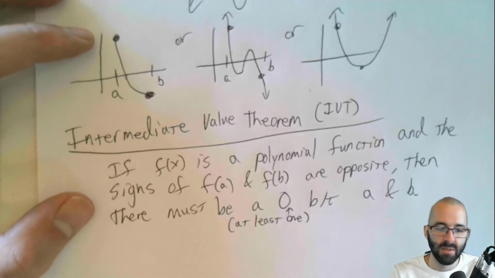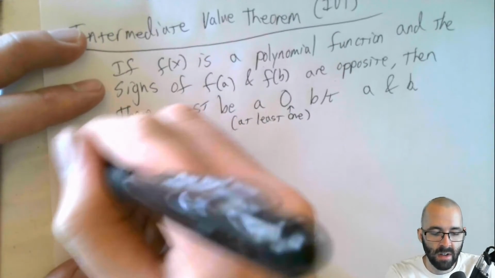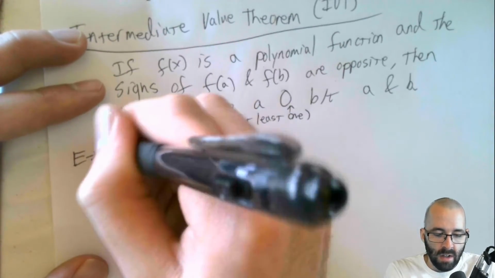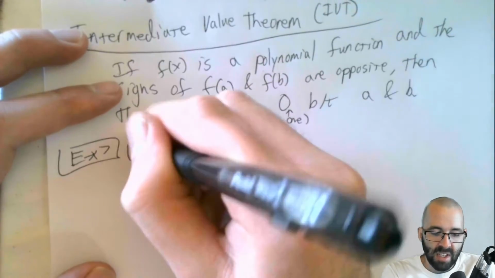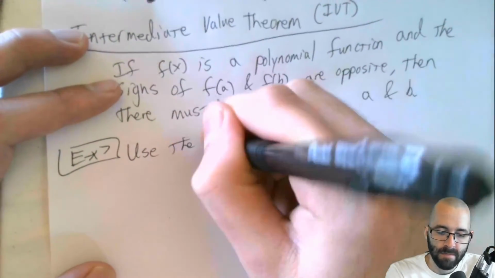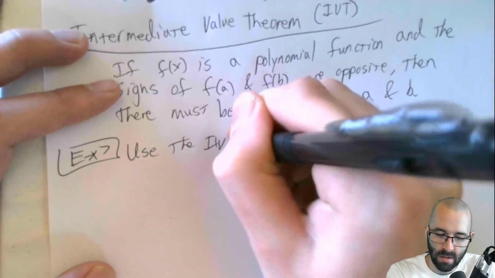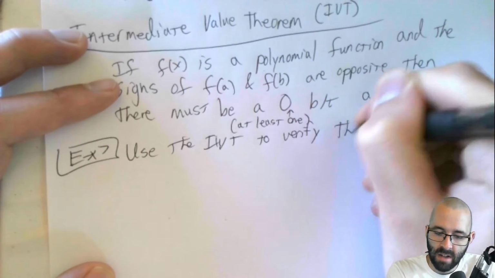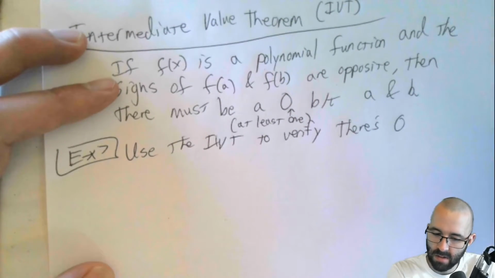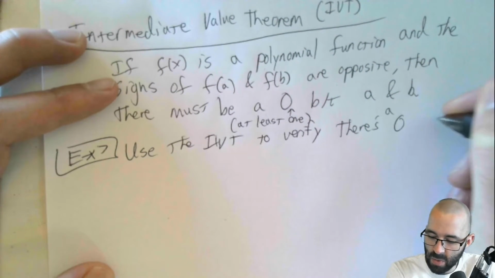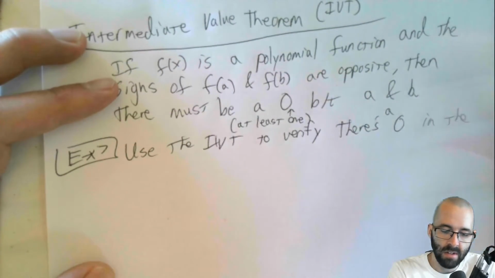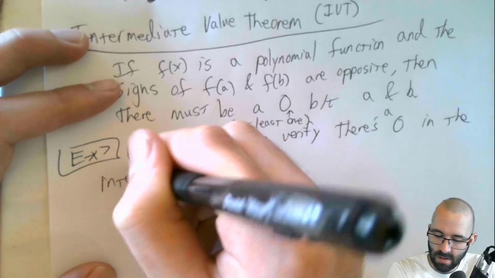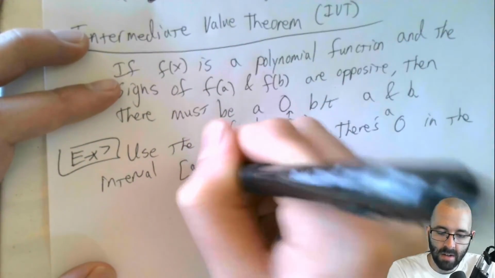Okay. We're going to use this with example 7. Example 7, use the IVT to verify there's a zero, at least one, in the interval a to b.